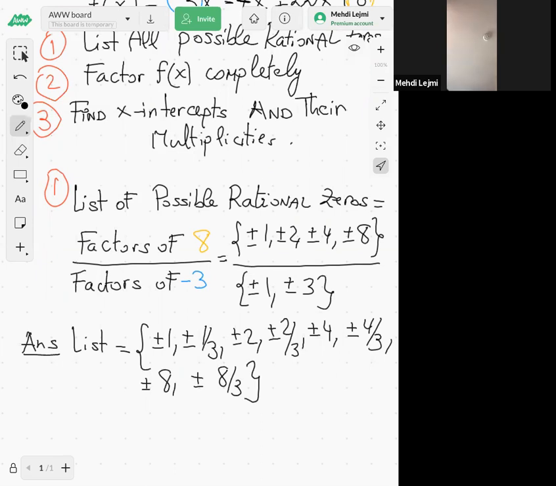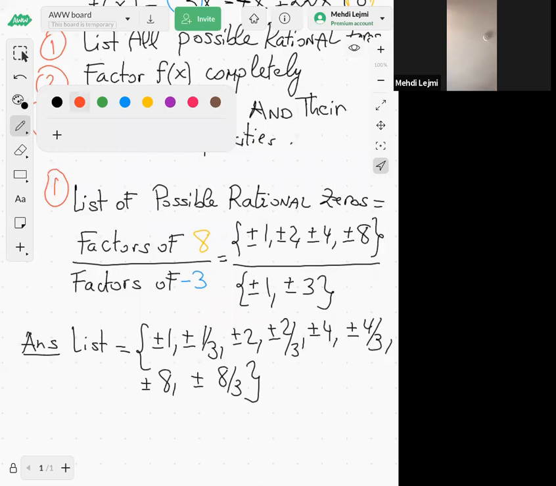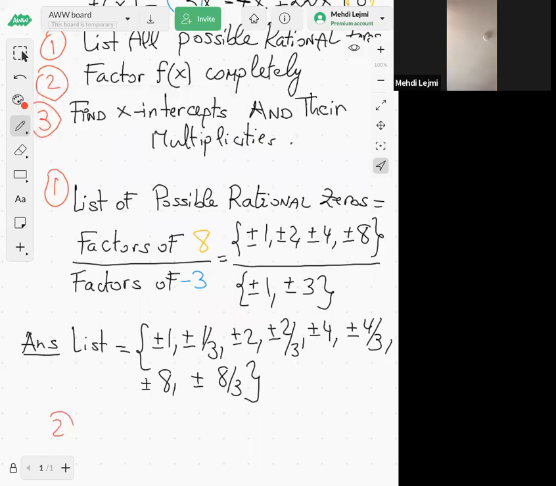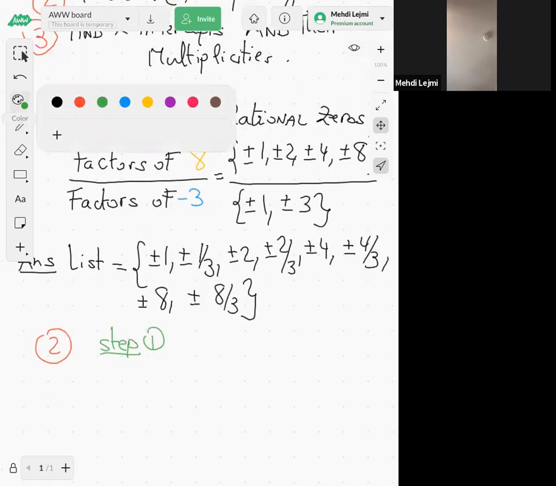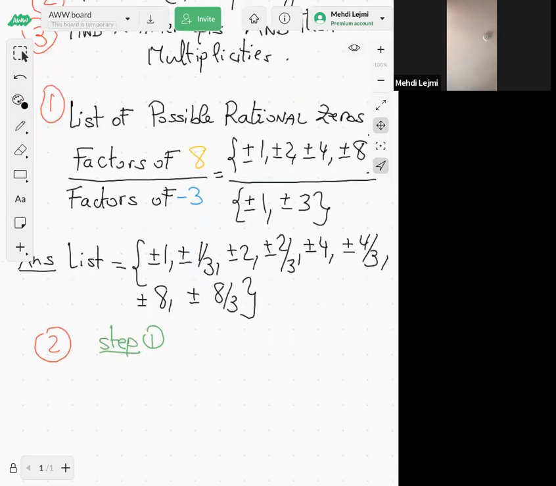Now, we're going to factor f of x completely. So first, step 1, we said we have to check the numbers in the list to see if they are solutions of f of x equal to 0. Let me write down f of x for you.